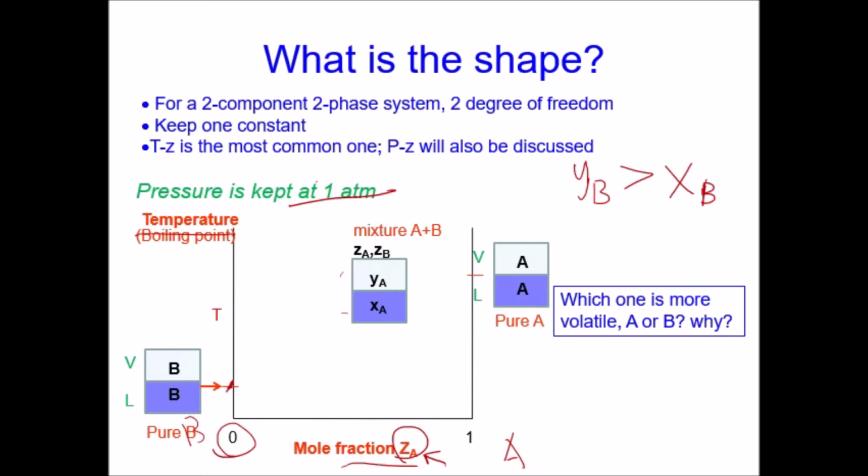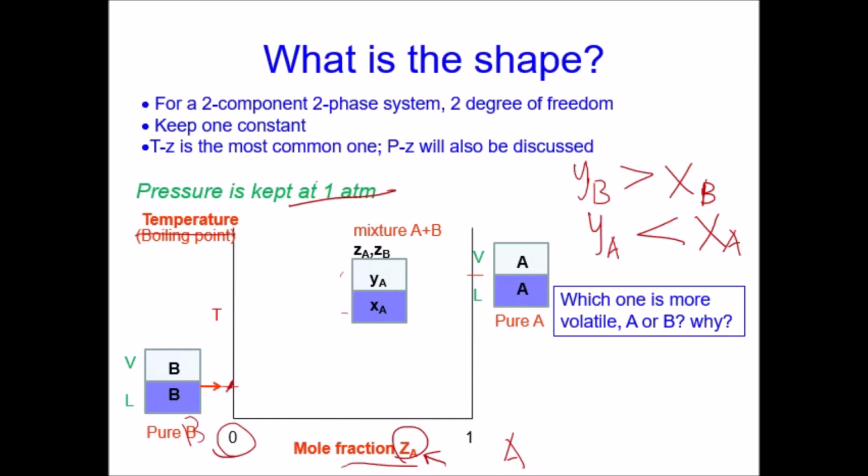On the other hand, A is less volatile, so it tries to stay in the liquid phase, and therefore YA in the gas phase should be less than XA. For a less volatile component, it stays in the liquid phase, so the mole fraction in the liquid is greater than in the gas phase.